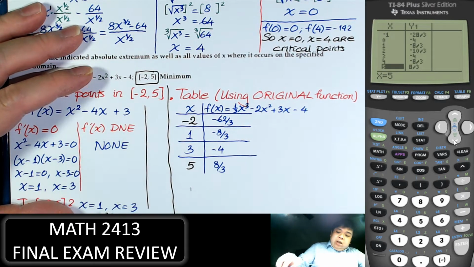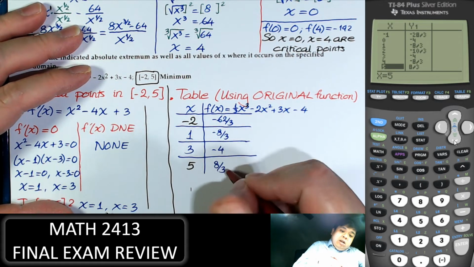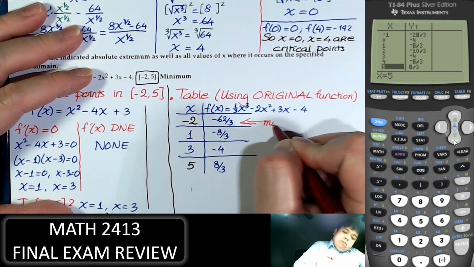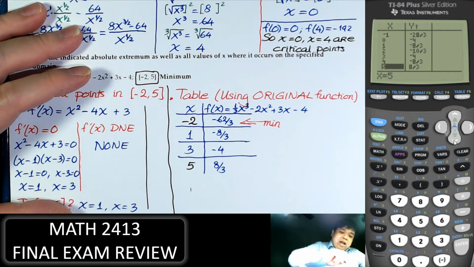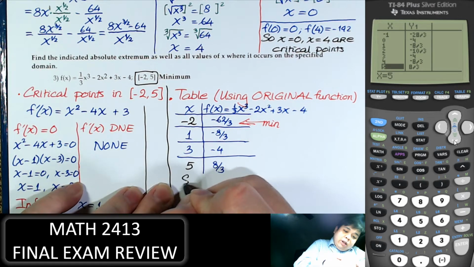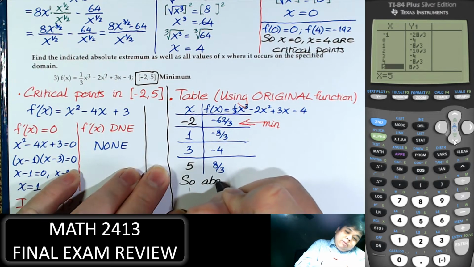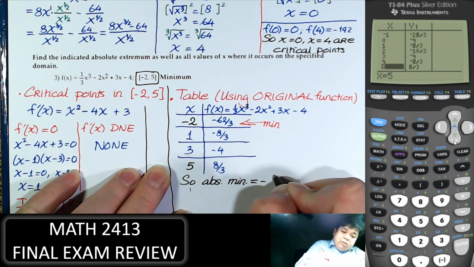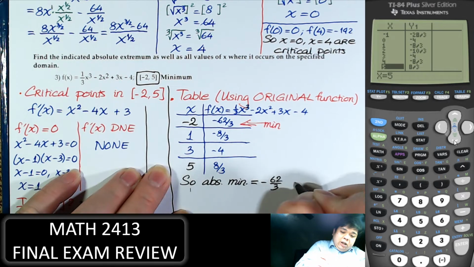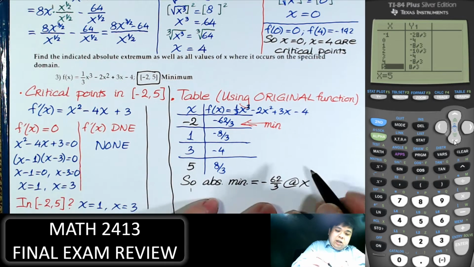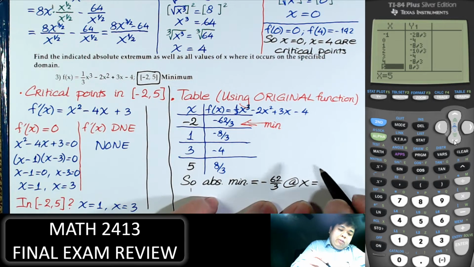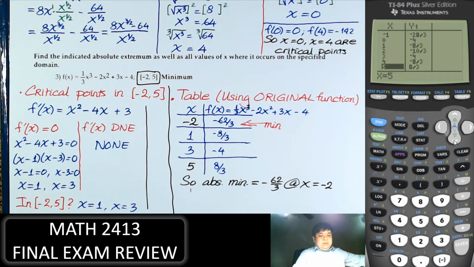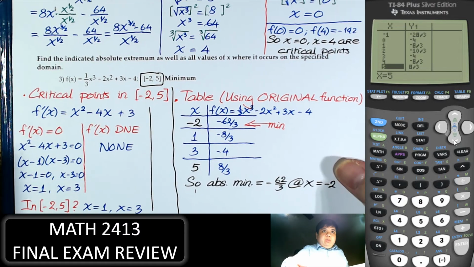This problem is asking for the minimum, but if we wanted the maximum, it would be at 5, and so this is the minimum. So the answer is: the absolute minimum equal to negative 62/3 at x equal to -2.